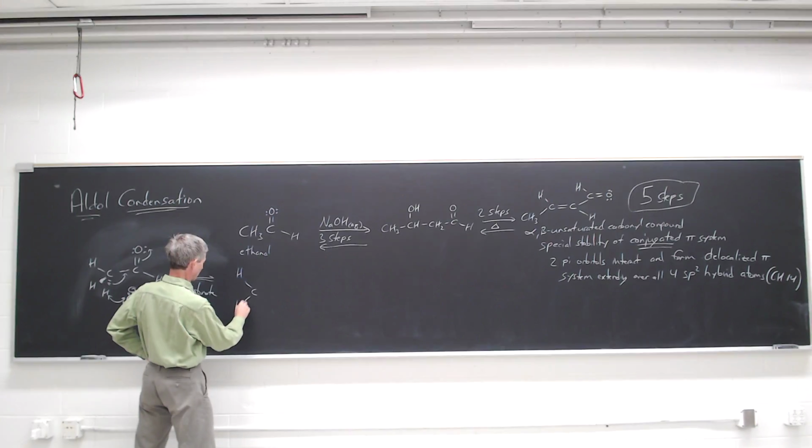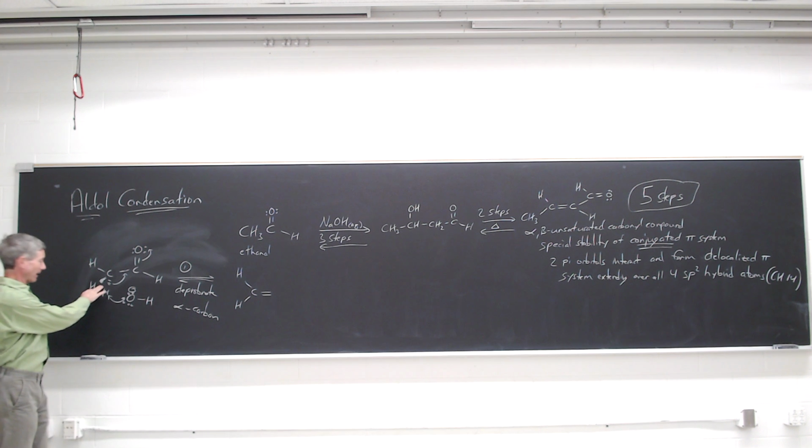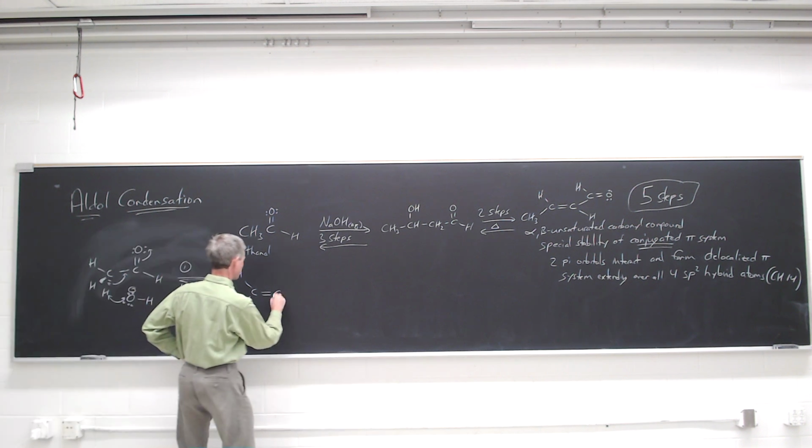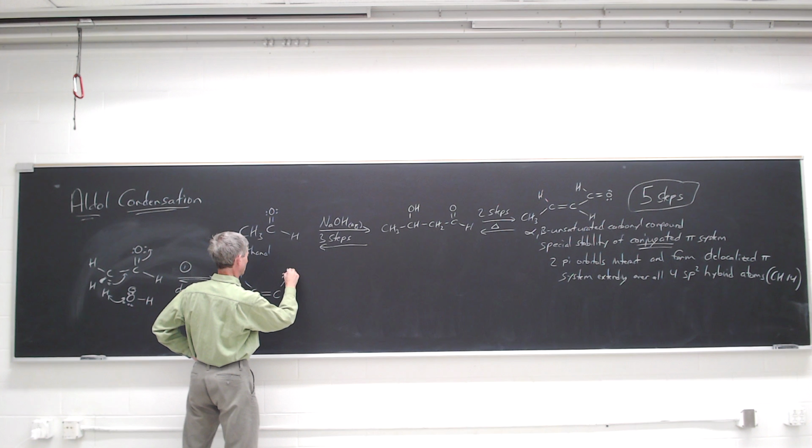And that makes this atom go planar, so I no longer need to show a dashed wedge or a solid wedge. And we know that this is stabilized by resonance.